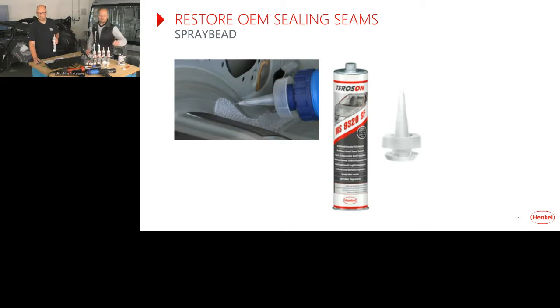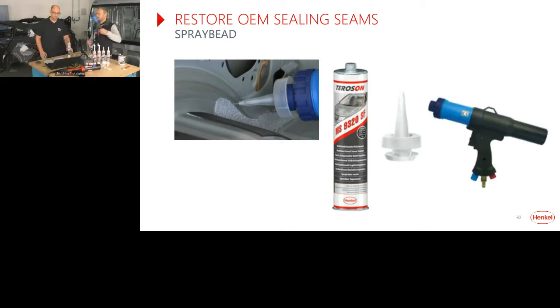Udo, it's your turn. Give me the tool. Thanks a lot. So we have here now the multipress. The multipress tool provides us two different airstreams. The one is adjusted by the red valve, which pushes the material out of the cartridge through this nozzle.